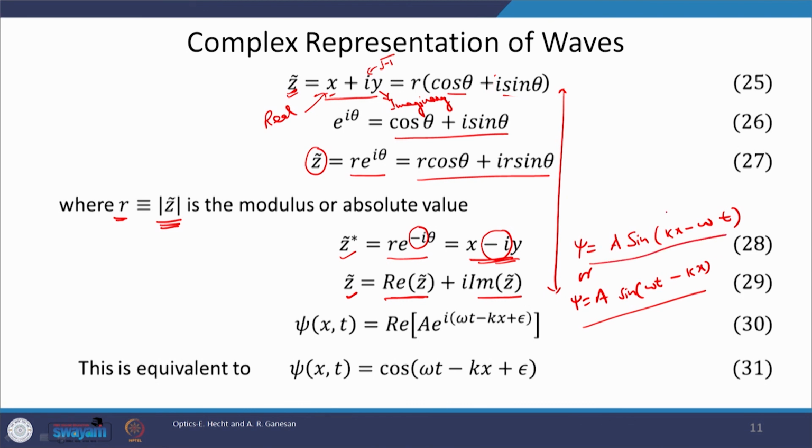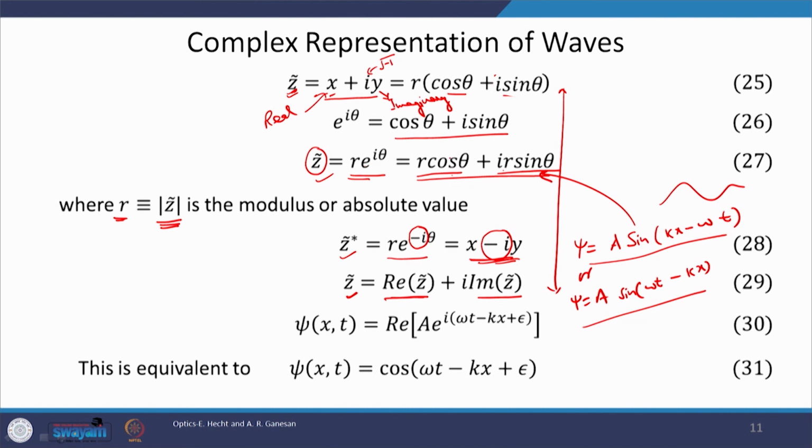If you plot it, you will see some variation here, but how do we go to the complex domain? We follow this: a complex number can be represented as r cos theta plus iota times r sin theta. Once cos theta, sin theta and r are known, everything can go into complex notation, which is r e to the power i theta.